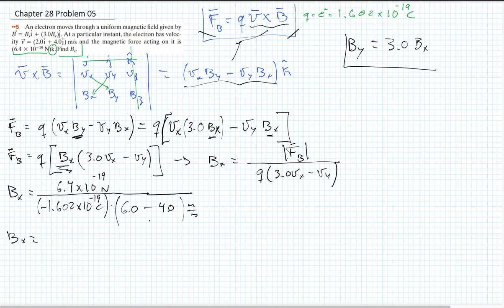I just need to subtract and multiply, so it's going to be negative, approximately negative 2.0 teslas. So it's going to be in the negative direction. The magnitude of Bx will be minus 2.0 teslas.